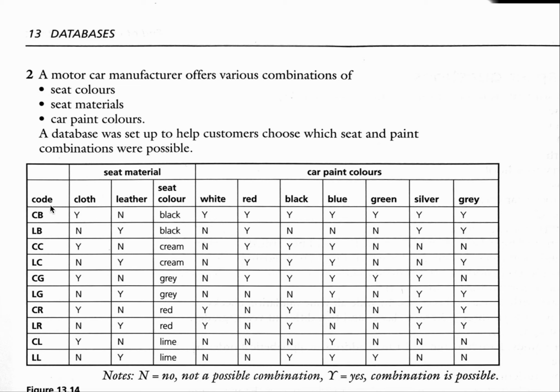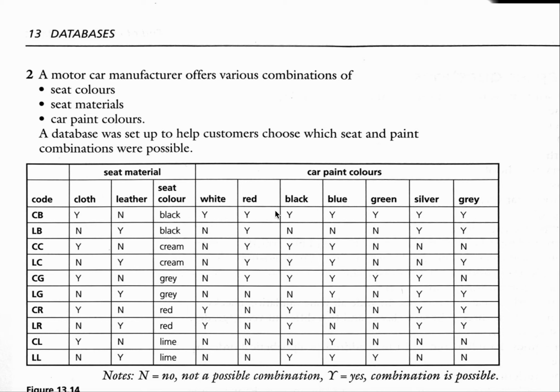Over here on the left, it says code, which is actually the primary key, the unique identifier. CB is all this information here.